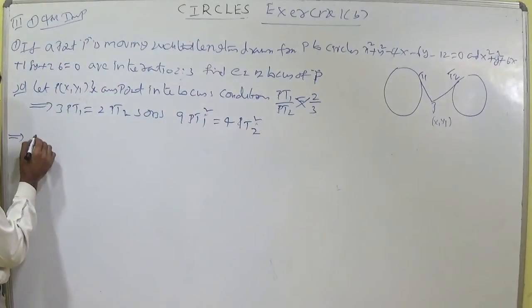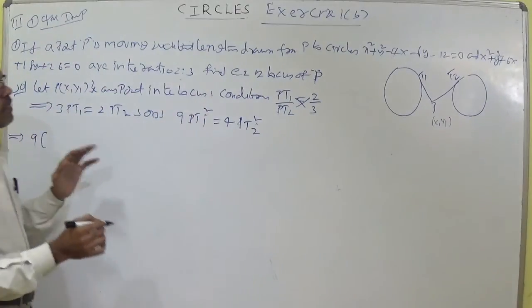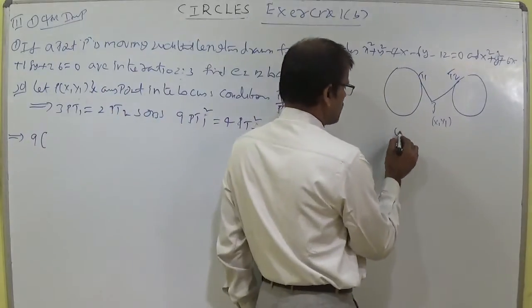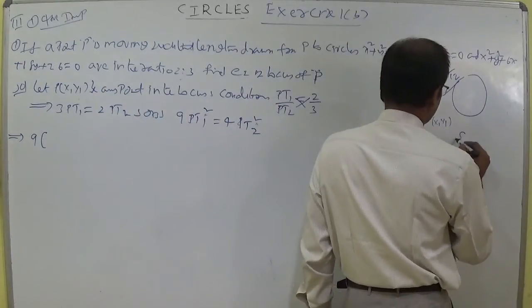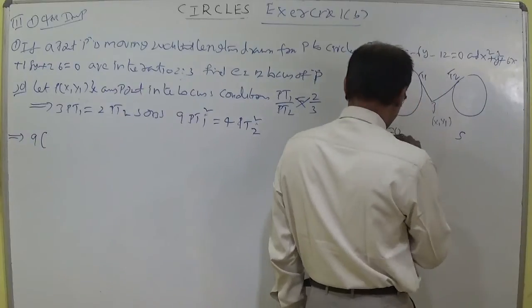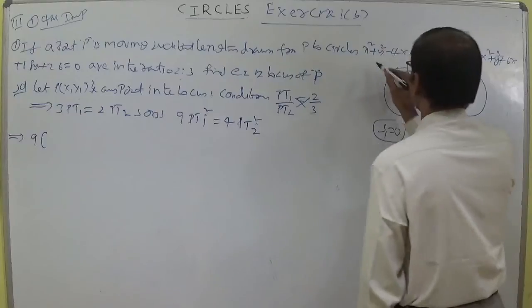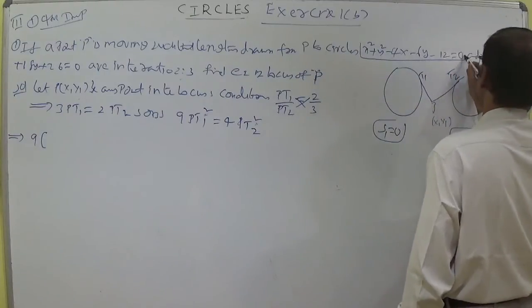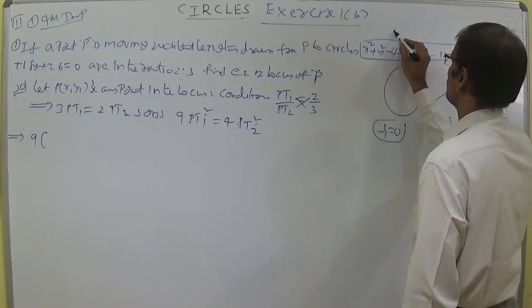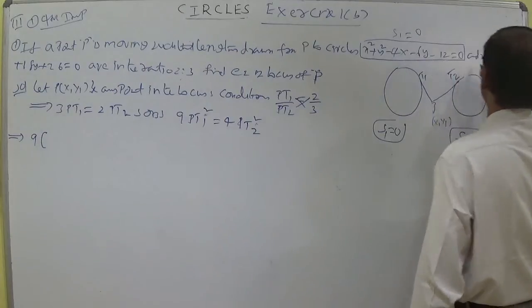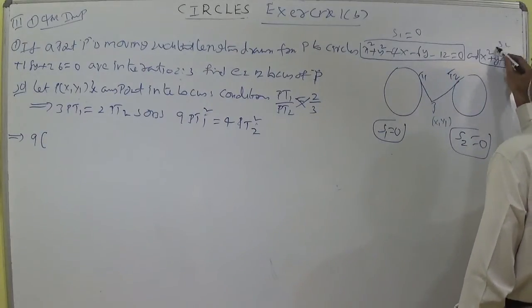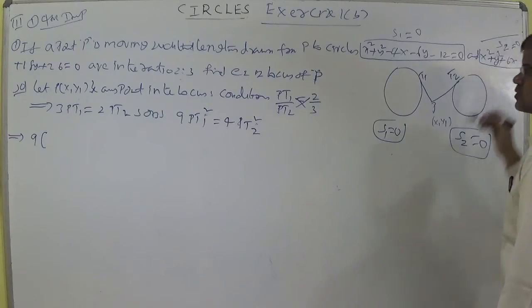You write in your notebook that the given circles are S1 equal to 0 and S2 equal to 0, for the first circle and second circle.